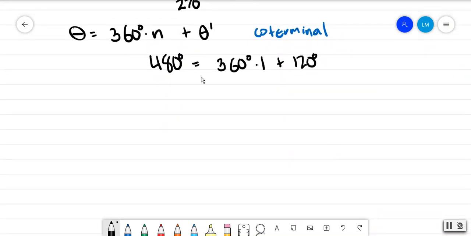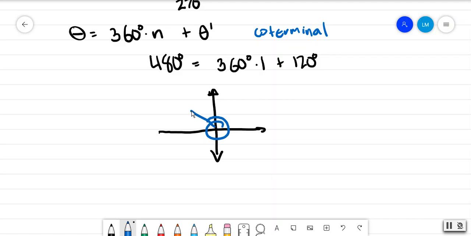So let's look at what that looks like. 480 means that you went around one whole time, but then you added another 120 degrees. So this is the 360 plus the 120. In that case, this angle measure, theta prime, is equal to 120.